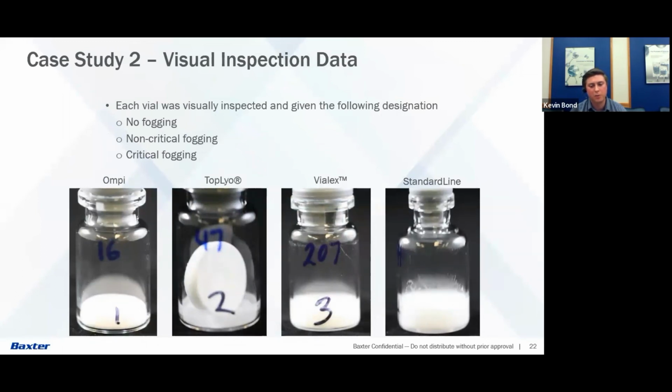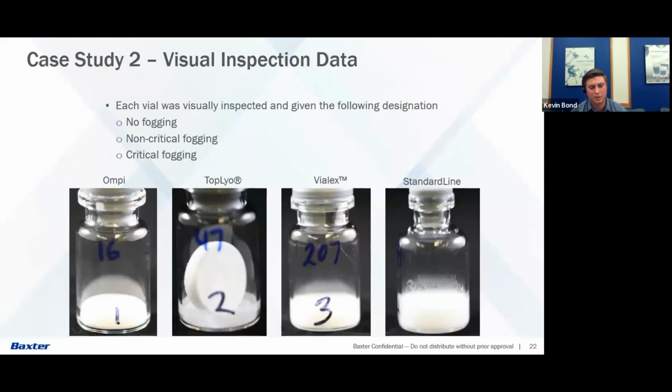We can see that the first 3 vials show very clean inside walls, which would indicate that no fogging was present. While the 4th vial, it is a little hard to see, but there is vial fogging present in that standard line vial in the form of the dendritic pattern. It's also worth noting for this slide that the cake in the top lyo vial was separated from the glass.